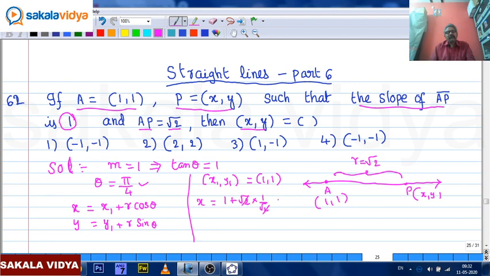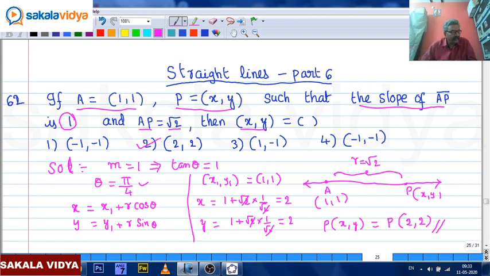So root 2 cancels, and x will be 2. In the similar manner, y is equal to 1 plus root 2 times sin 45, which is also 1 by root 2. Root 2 cancels, 1 plus 1 is 2. Therefore, P of x comma y is P of 2 comma 2. So the answer is the second option, option 2 is the right option.